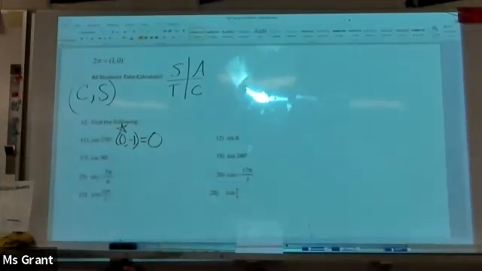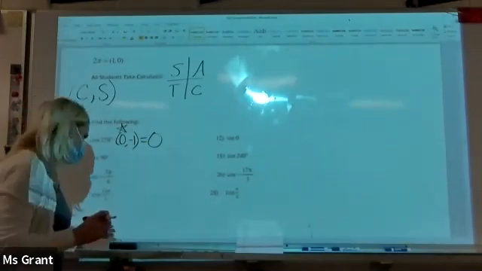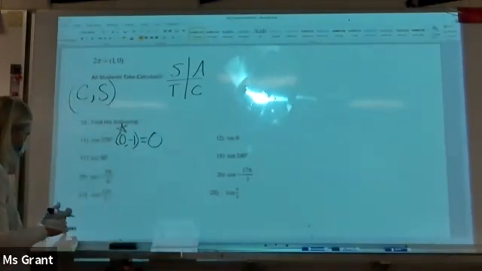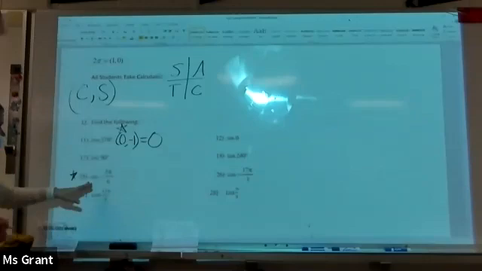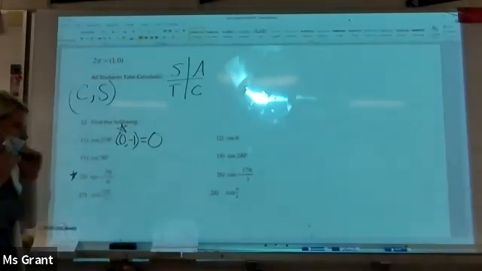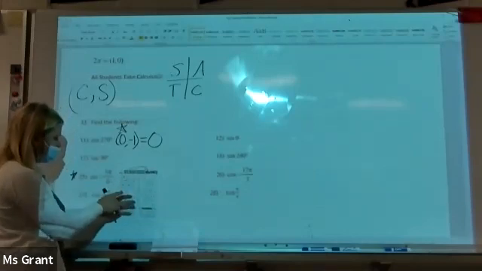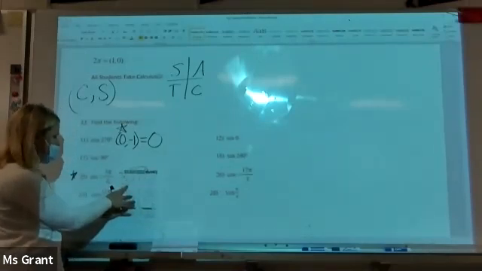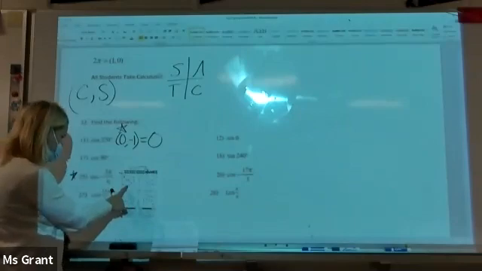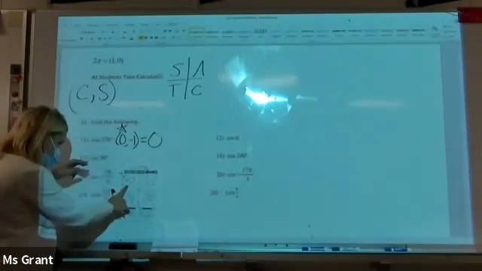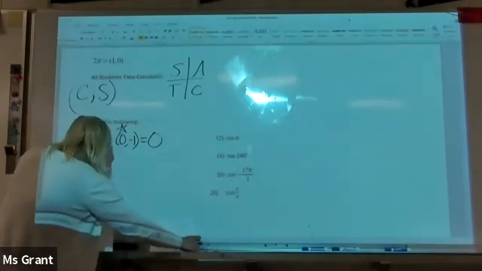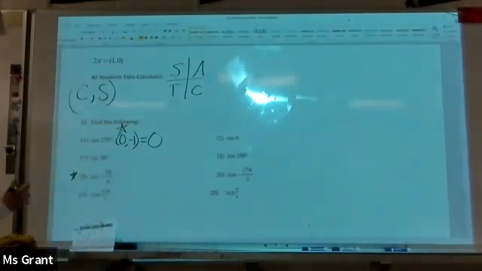Let me do one that's maybe trickier. Okay, here. Cosecant, -5 pi over 6. So I find 5 pi over 6 on my unit circle, there it is. Cosecant means that I'm going to have 1 divided by sine.